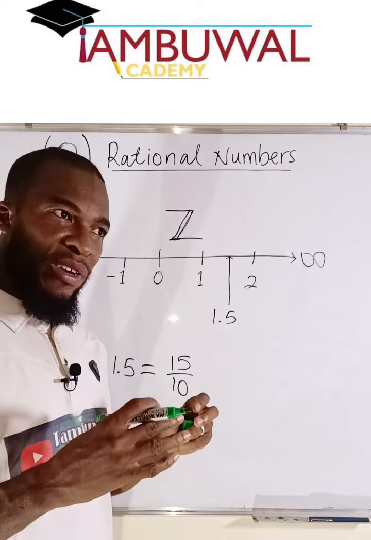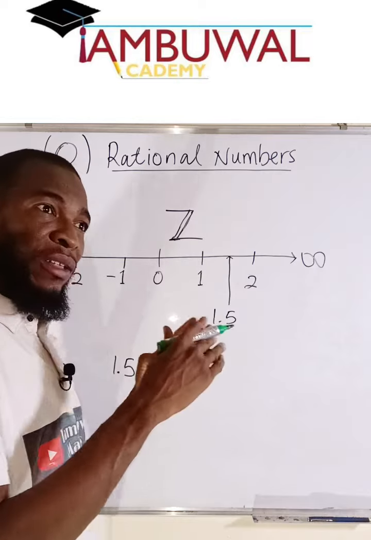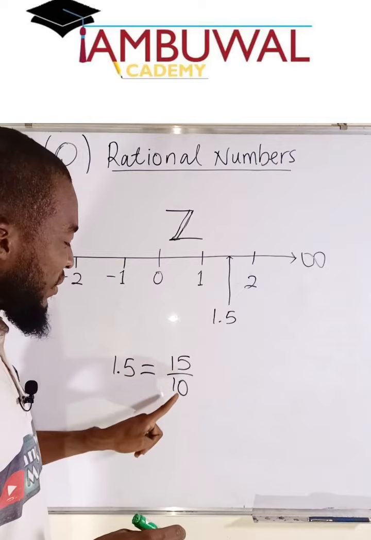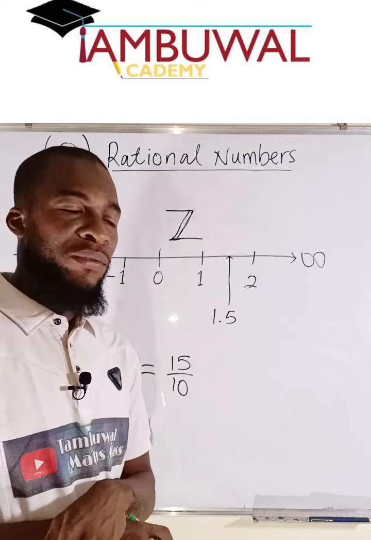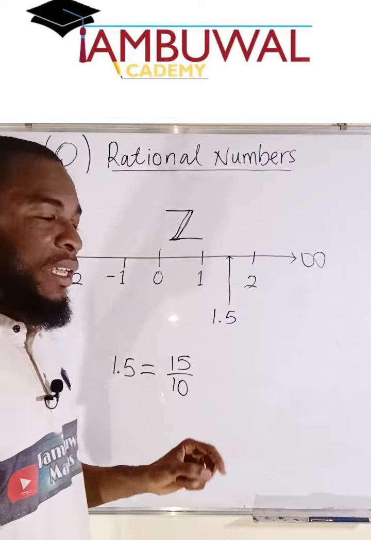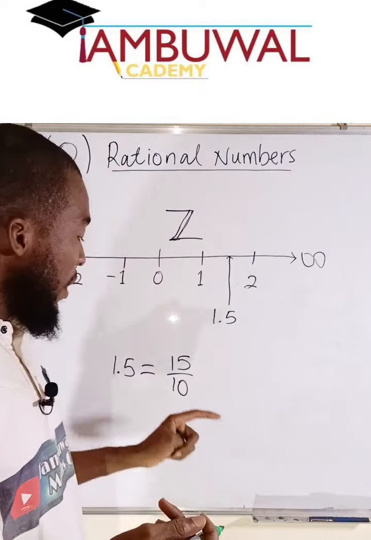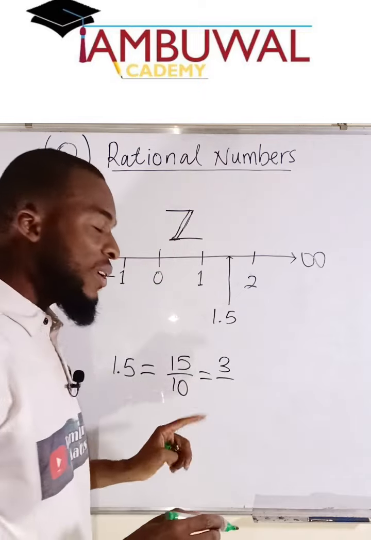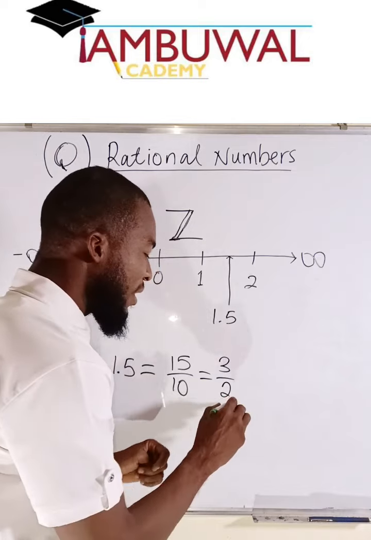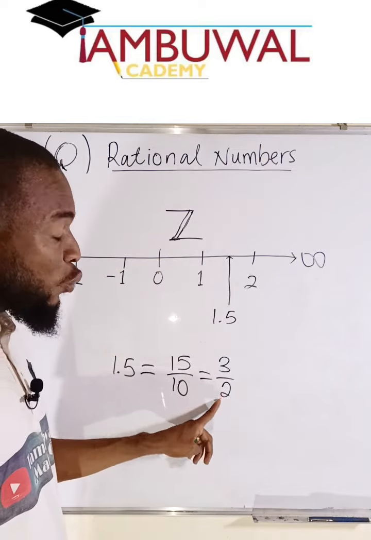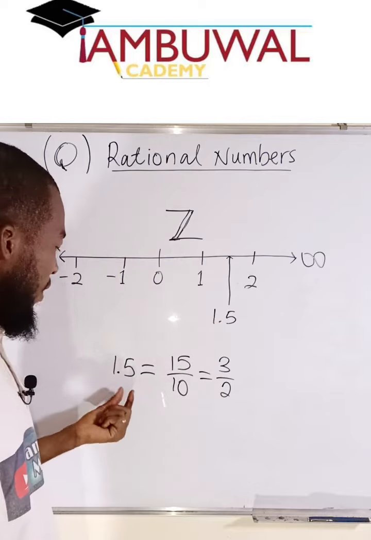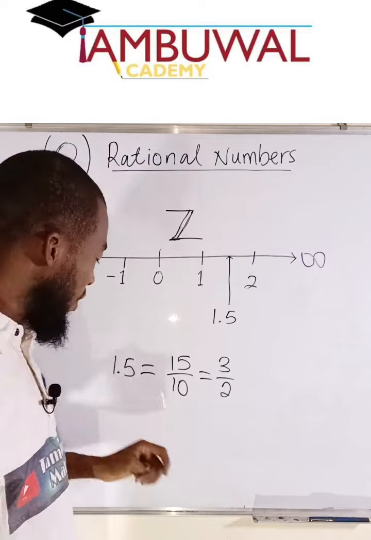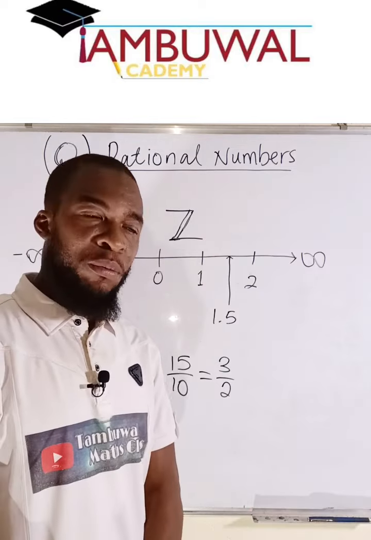I don't want to talk much about equivalent fractions because this is just the starting point. But I know if I divide 15 by 10, I'm going to get 1.5. And 15 divided by 10 can also be reduced to the lowest terms, because 5 can go into 15 3 times, and 5 can also go into 10 2 times. Therefore, you can see that 3 over 2, which is a fraction, is the same thing as 1.5. And since it can be expressed as numerator over denominator, we say that 1.5 is also a rational number.